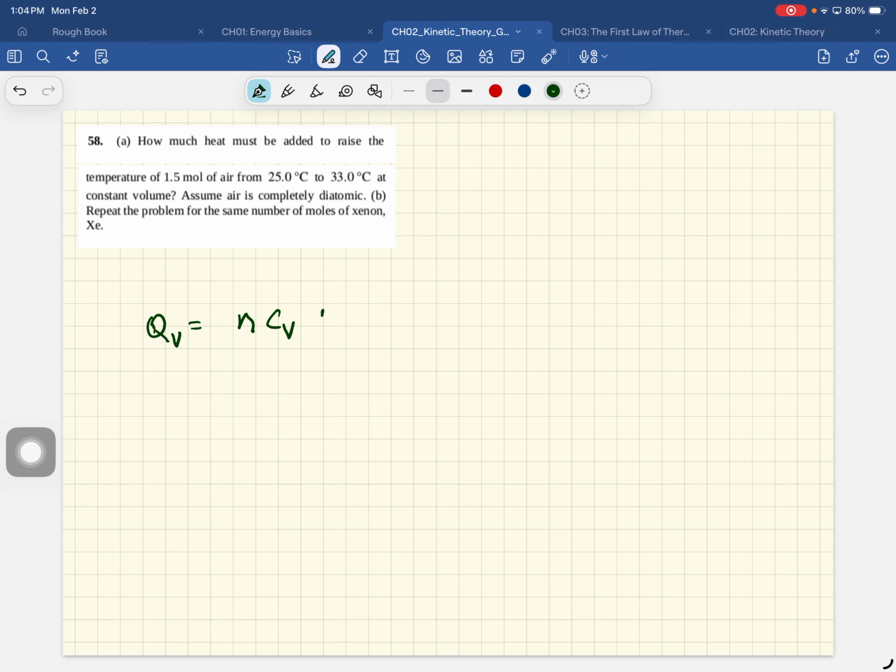All right, so let's calculate this number. This is 1.5 moles, 5 halves into 8.314, and the rise in temperature is 8 degrees Celsius or Kelvin. It's the same thing. Okay, so it's that many joules of heat you need.